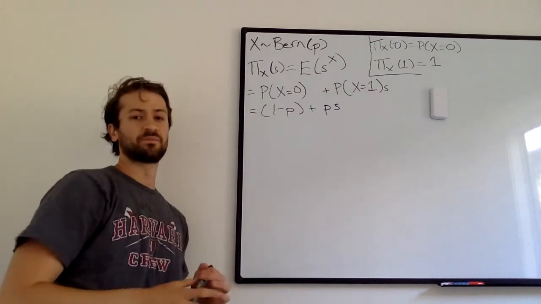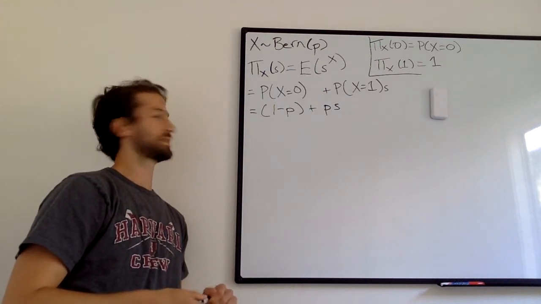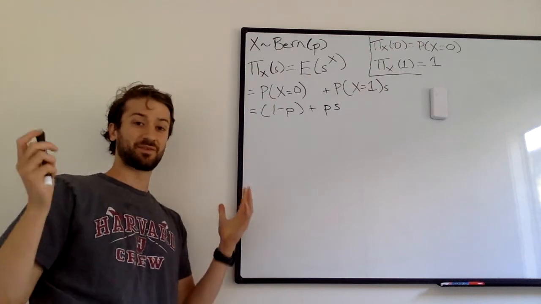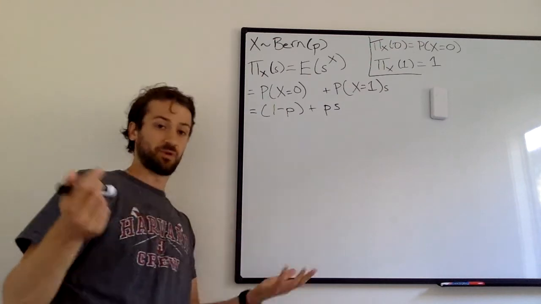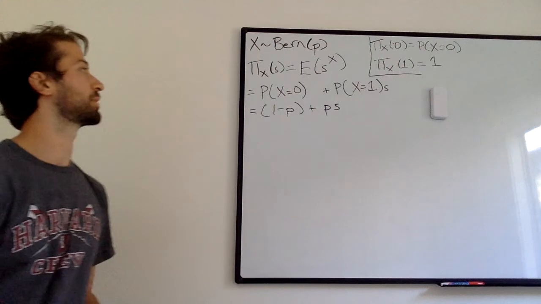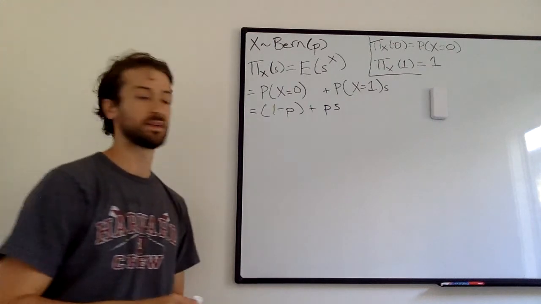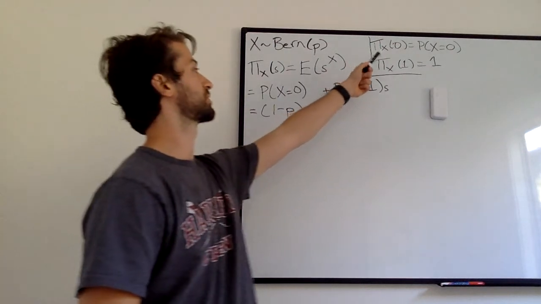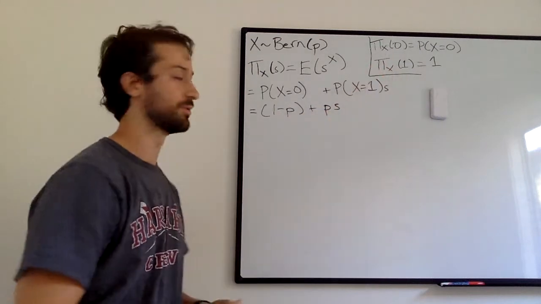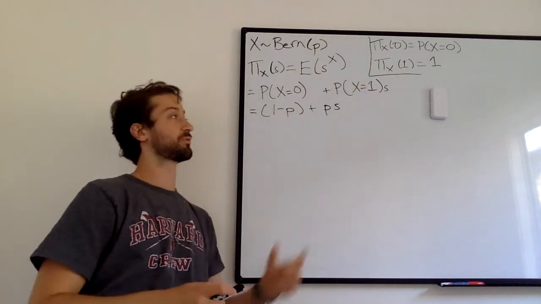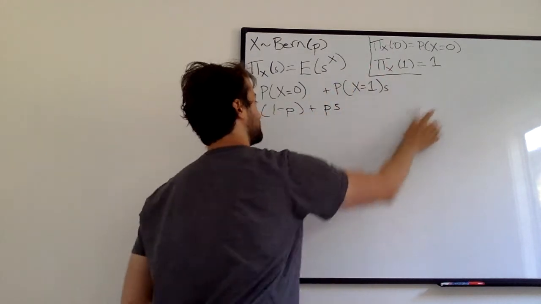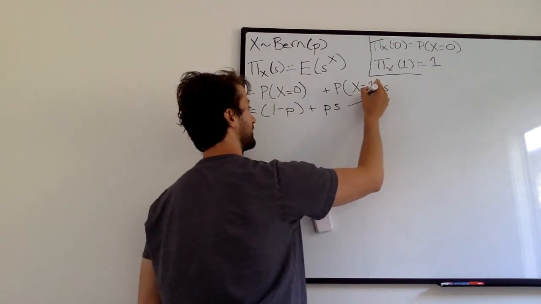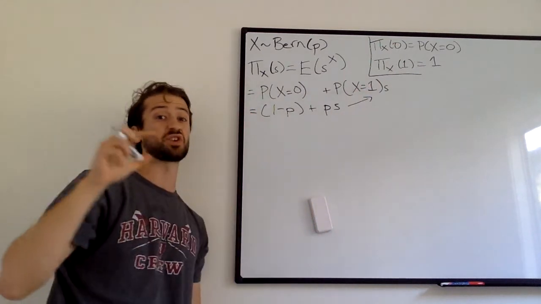Pretty cool. That's a pretty simple looking formula, but that's the probability generating function for Bernoulli p for x. And as promised, we can make sure that this satisfies our two properties. First, we plug in the value 0 for s.